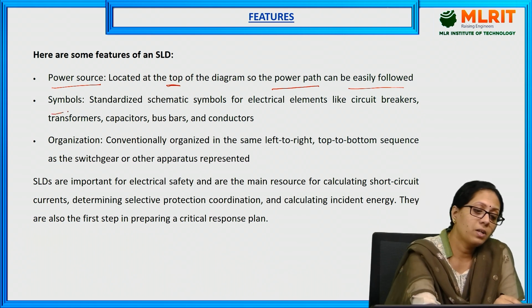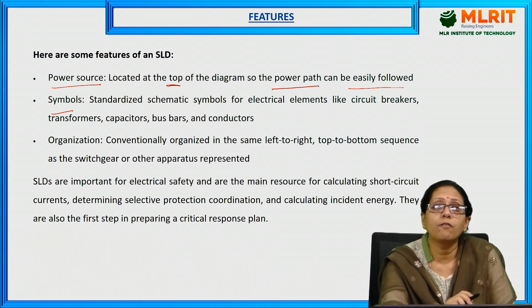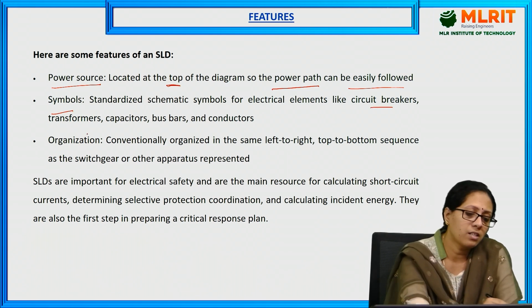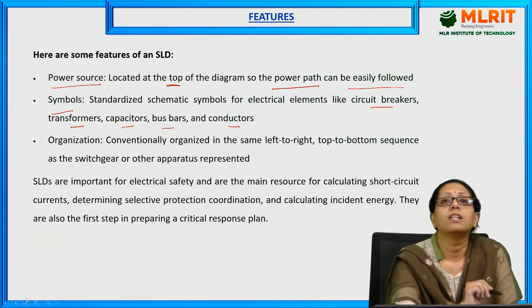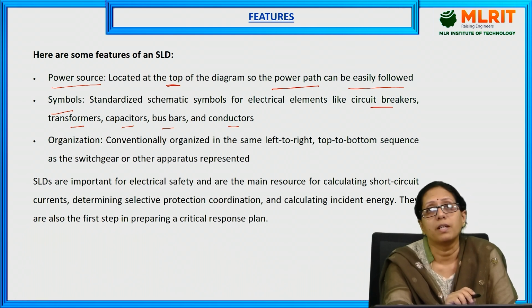The second one is symbols. Standardized symbols should be followed in the single line diagram like circuit breakers, transformers, capacitors, bus bars and conductors. These are some of the examples for components.